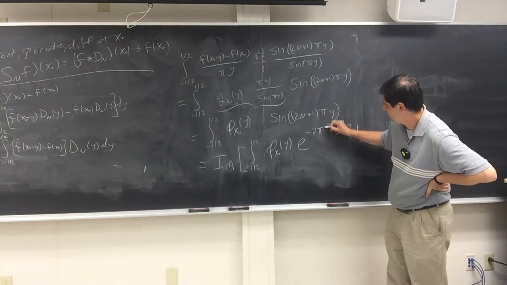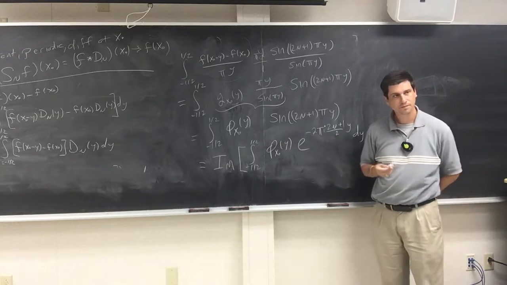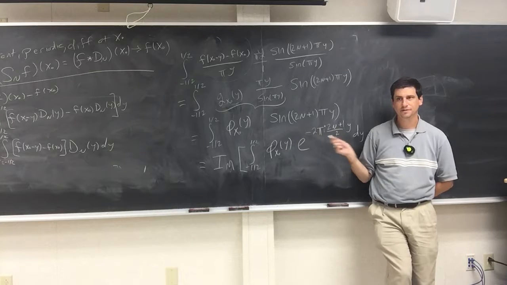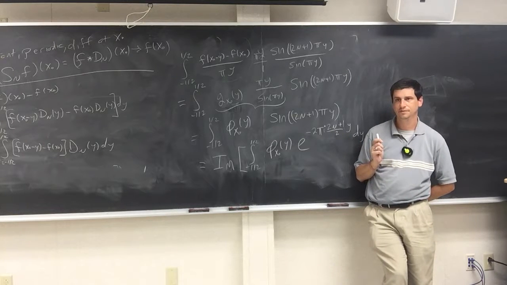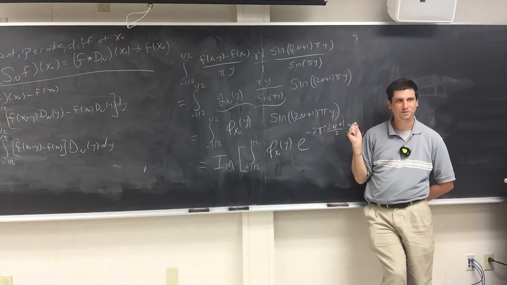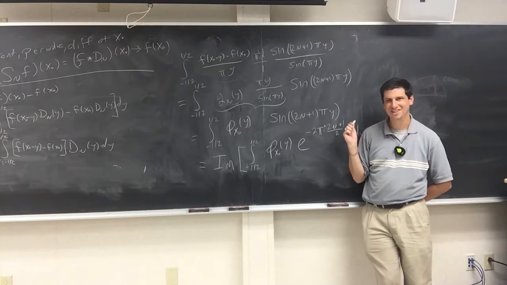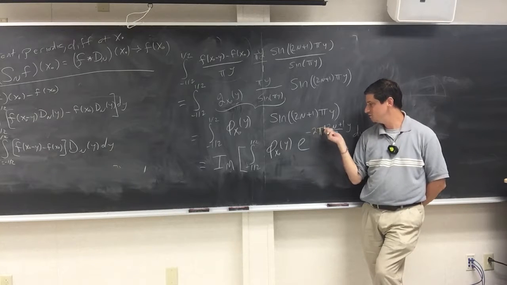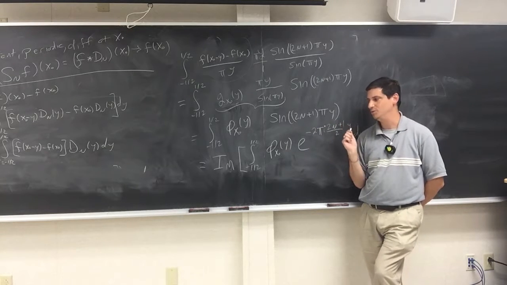Oh, so 2 pi i, sorry, 2 pi i. What does this look like? Where have we seen something like this before? It should look familiar. I've got a function, and I'm integrating against e to the negative 2 pi i something times y dy.